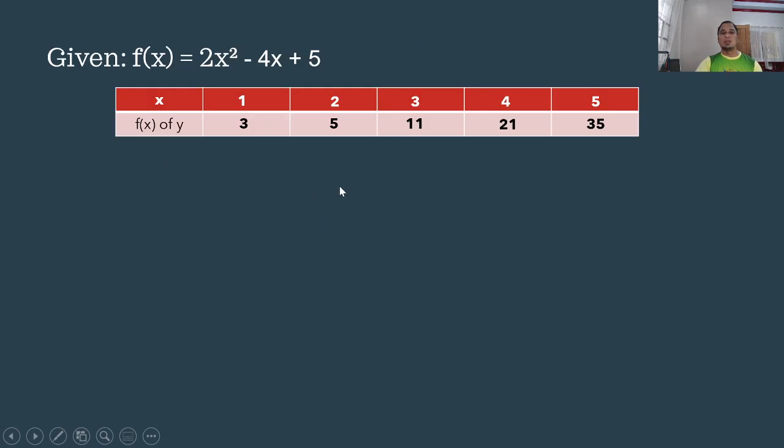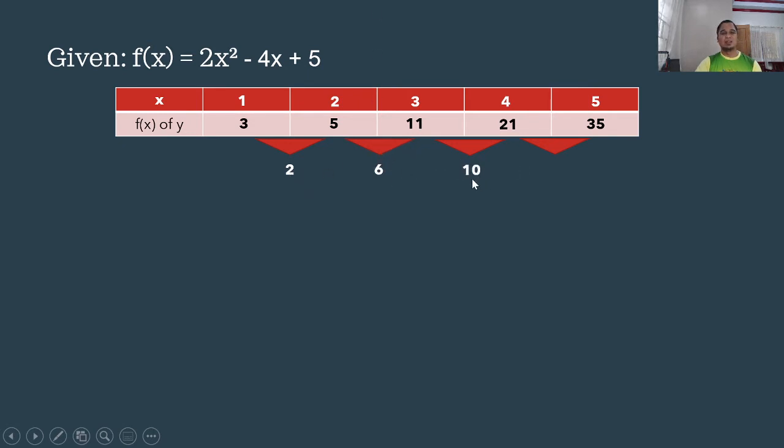Now, if we will be looking at this table of values, ito yung mga nakuha nating function of x or y. Yung 3, 5, 11, 21, and 35. Parang wala tayong makikitang pattern, even if we took the difference between the two. That is 2. We come up with 6.